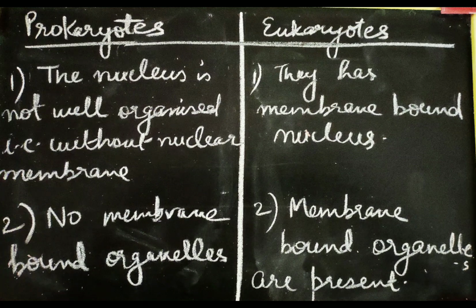On the other hand, eukaryotes are the ones which have well defined nucleus. That is, the nucleus is bound by a nuclear membrane. Secondly, prokaryotes do not contain any membrane bound organelles, whereas in eukaryotes, membrane bound organelles are present.